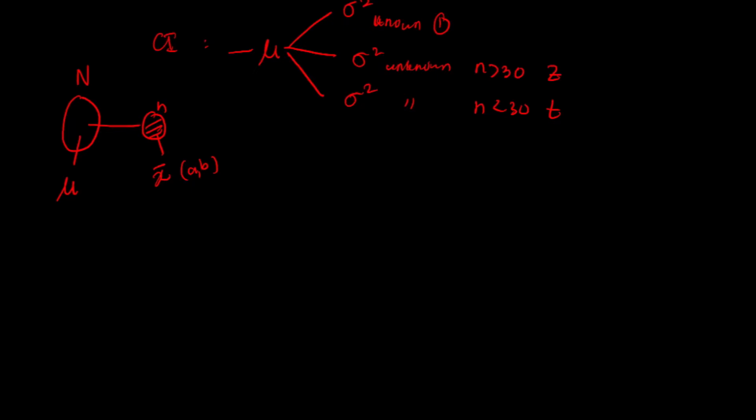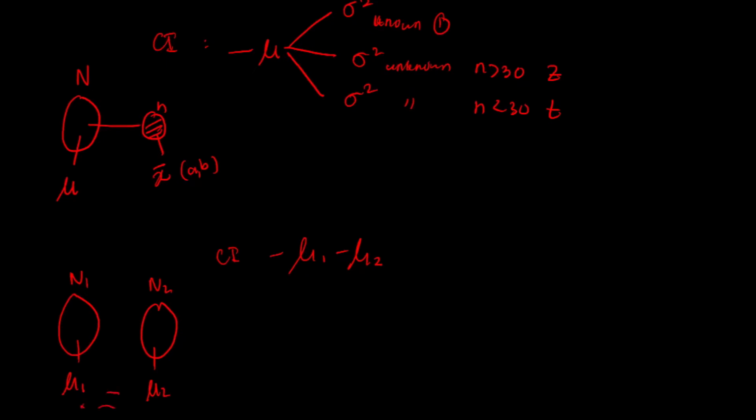That was for 2.2. Now you have the confidence interval between two mu, that is mu1 minus mu2. For example, you have population 1 with mu1 and population 2 with mu2, and you want to estimate the difference between these two mu.